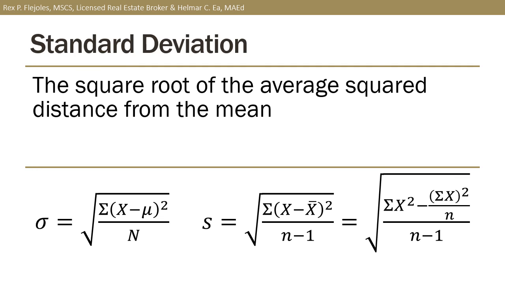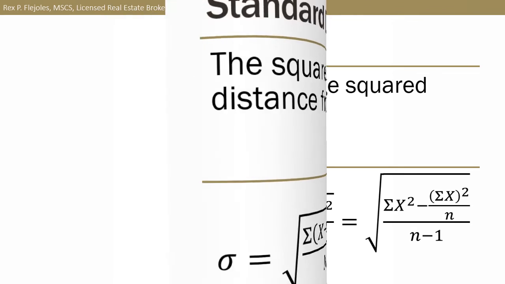While for the sample, it is denoted by the lowercase s, which is equal to the square root of the sum of the squared deviations from the arithmetic mean divided by n less 1, where n is the sample size. The difference between the formulas is the divisor.